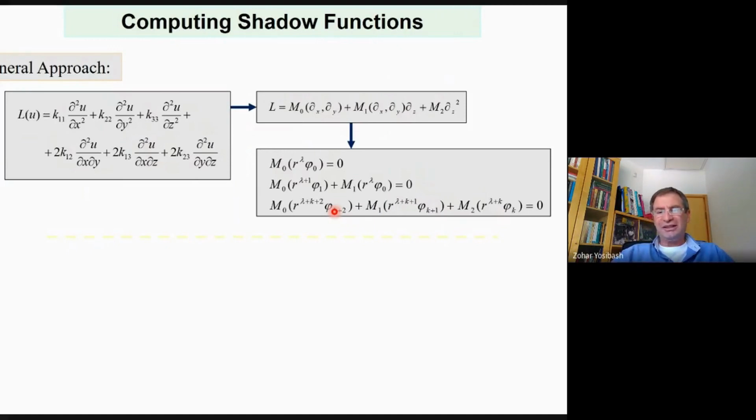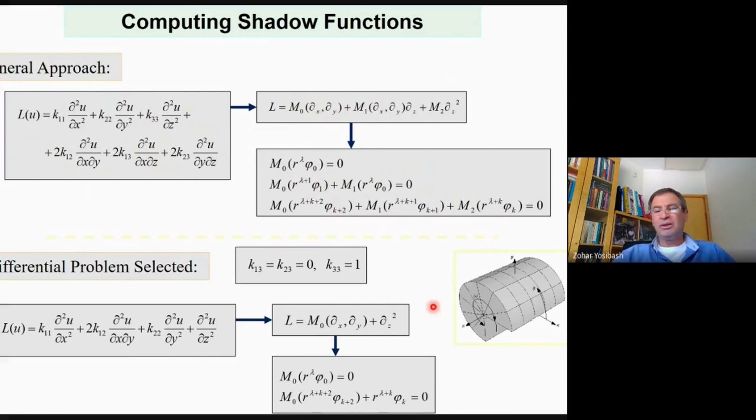I will show an example that will explain that. Let us look at this differential equation. For this case, k13 and k23 equal 0, and k33 equals 1. Then the operator here is simply M0, which is the 2D operator, plus the second derivative with respect to z. So if I want to find a solution, M0 is here, and I find the two-dimensional solution.